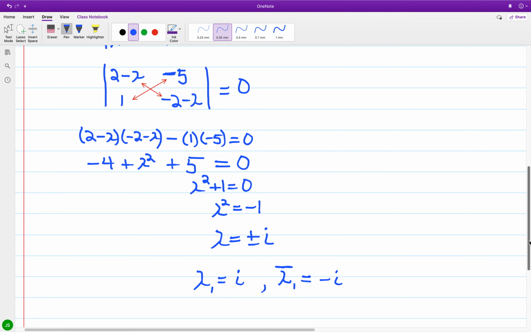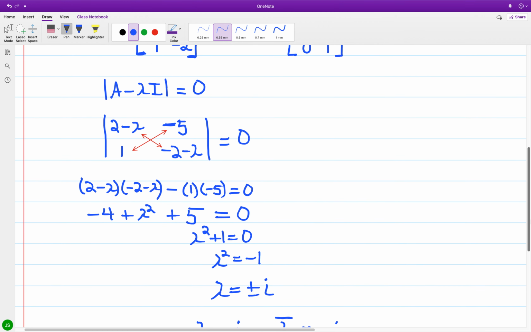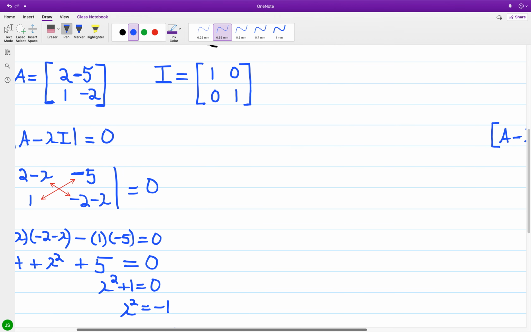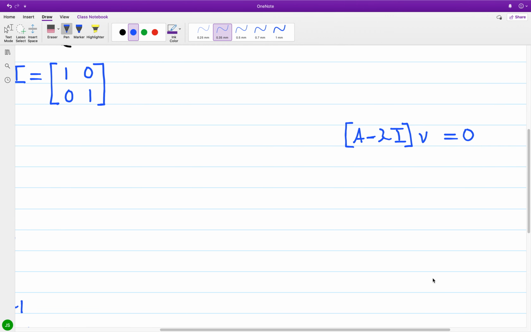And now, going back to what we had earlier, we have the matrix A minus lambda times I times the eigenvector is equal to 0. Just to clarify, we have A minus lambda of 1 times I times the first eigenvector is equal to 0.